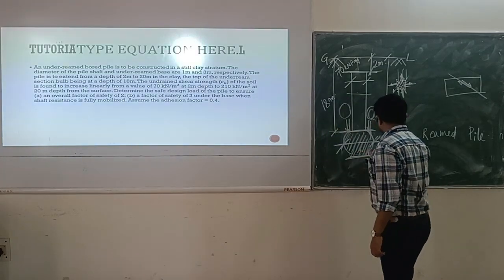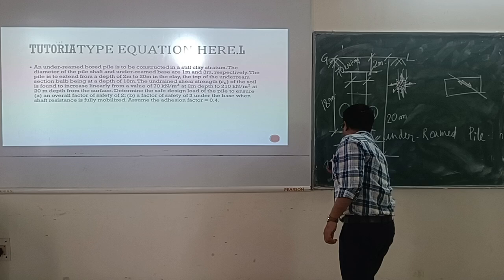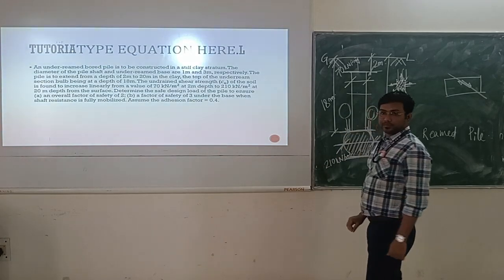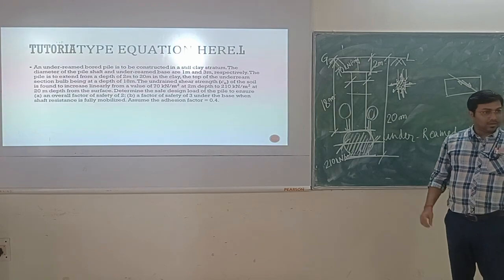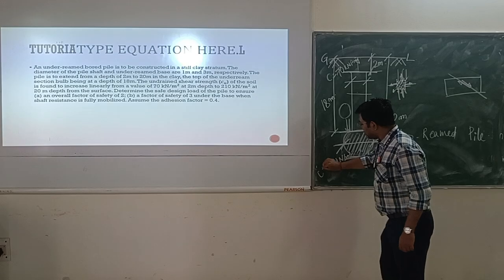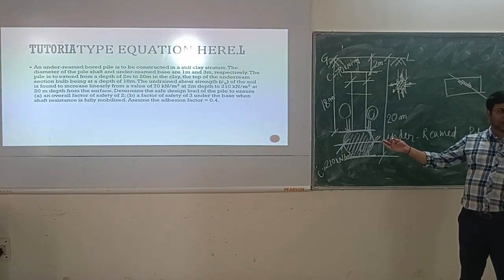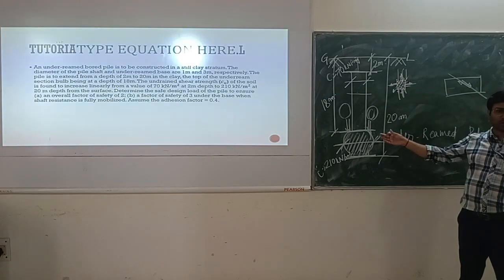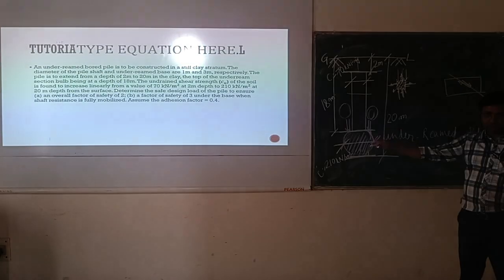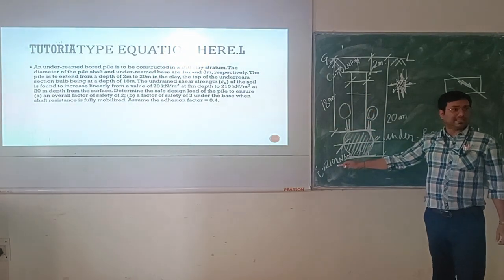That means the value of c is changing from top to bottom of the pile. This is the characteristic of soil. Different kinds of soil may be there, so according to the soil strata, the c value will be changing.